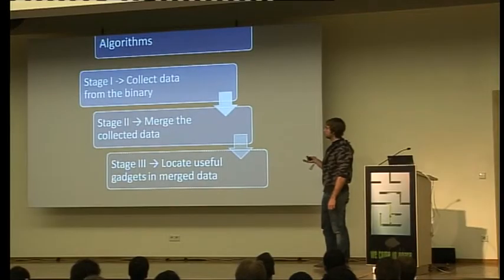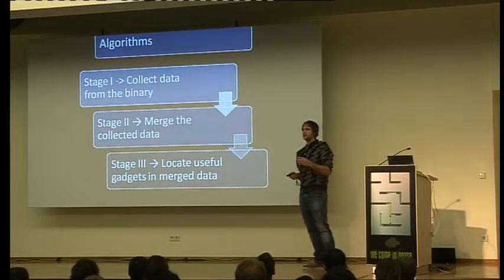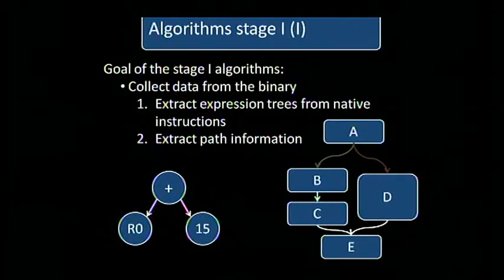Then we merge the collected data of instructions and paths together, and later we do a fuzzy tree matching, which matches fuzzy-defined semantic information with the information that we have extracted from the binary, so that we can see if the sequence of instructions that we are currently looking at matches something that we need in our programming later. In the first stage, we extract expression trees for native instructions.